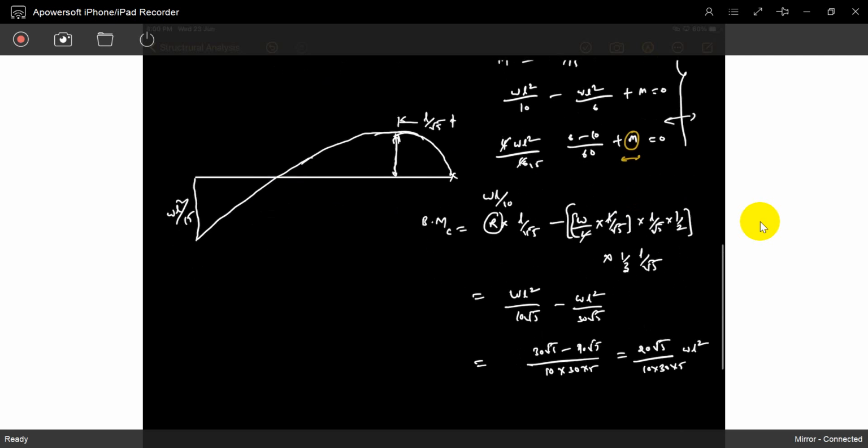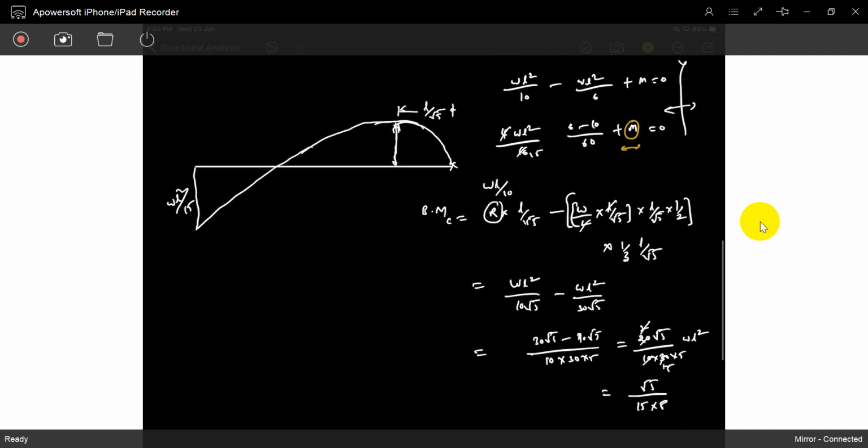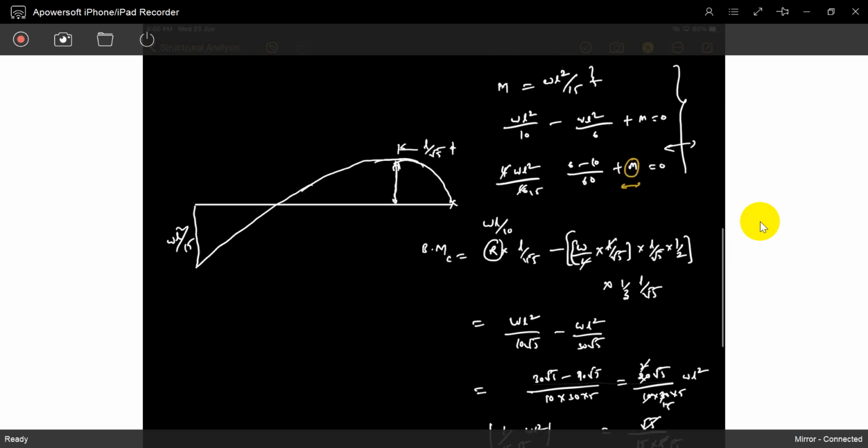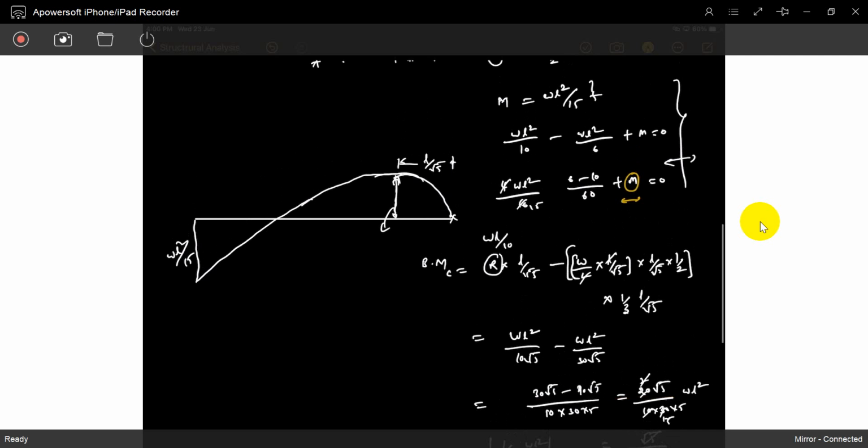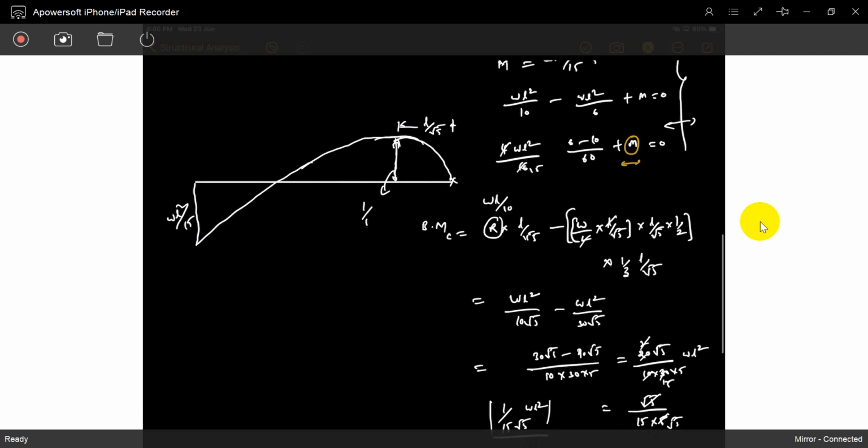Cancelling, 2 into 15, 15 root 5. So the value is 1 by 15 root 5 WL square.